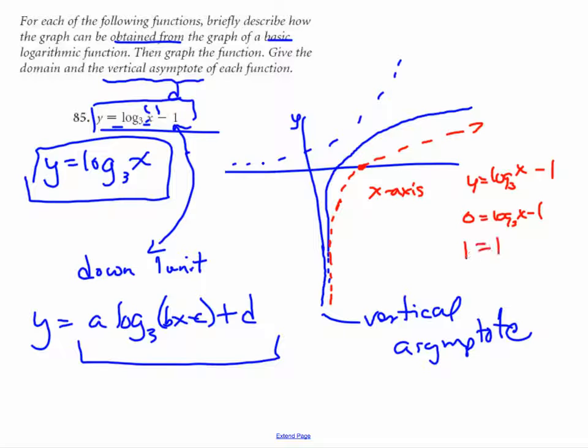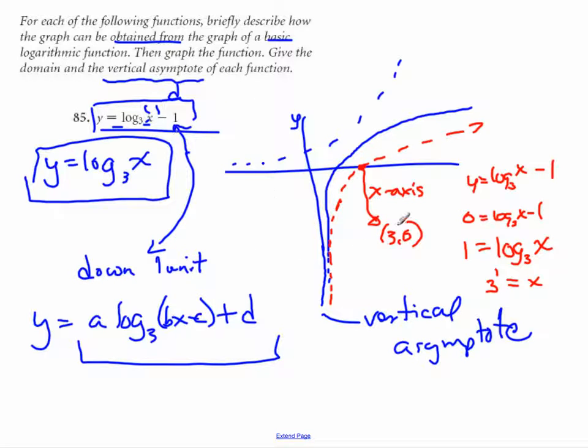Take the 1 to the other side, 1 equals log base 3 of x, and then change this from logarithmic form to exponential form. So it'd be 3 to the first is equal to x, or x is equal to 3. So that point right there, where it crosses the x-axis, would be (3, 0).